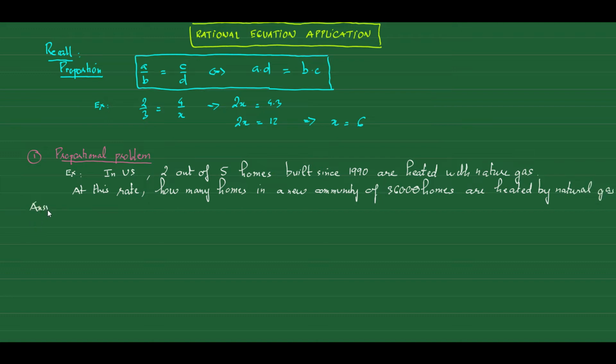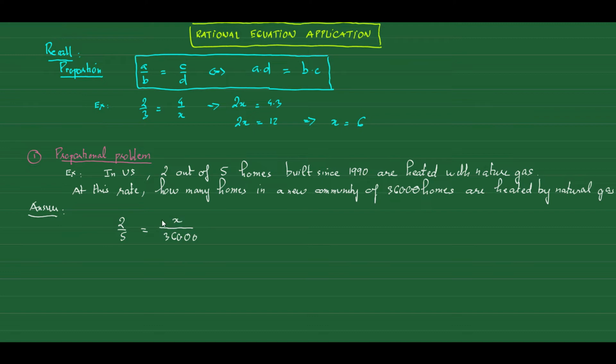Alright. So let's see how we're going to set up the proportion here. 2 out of 5 homes are heated with natural gas. So we're going to set up 2 over 5, 2 out of 5, right? How many homes in a new community of 36,000? So there's 36,000 over here, which is the total. And they're asking how many out of 36,000 are heated by natural gas.